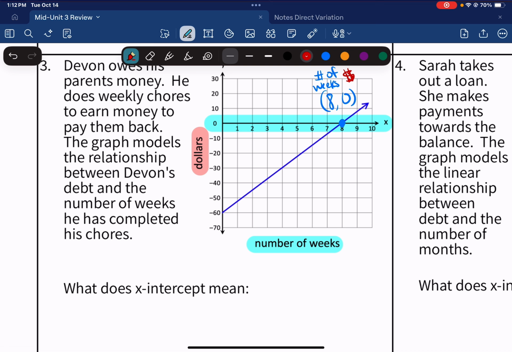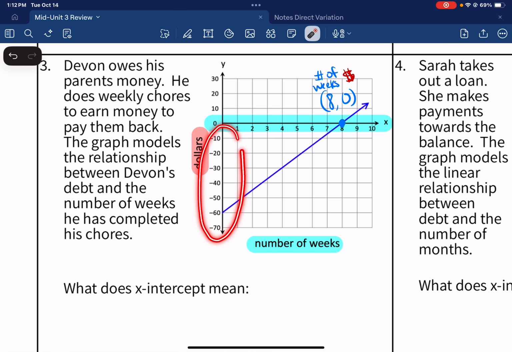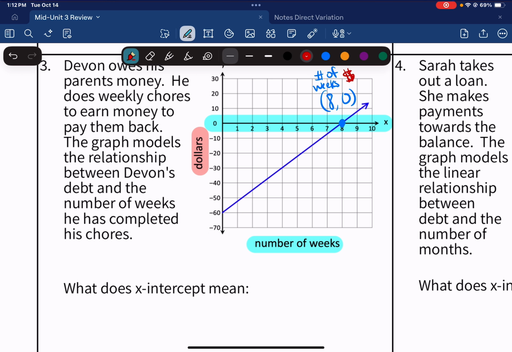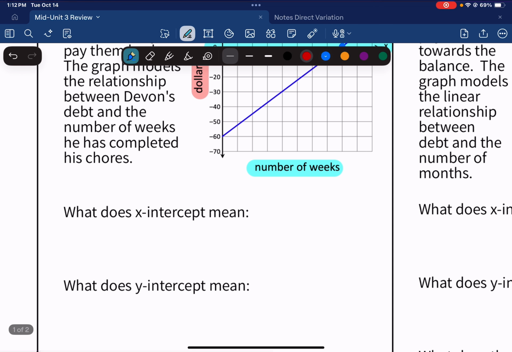So what do we think that means? Well, after 8 weeks of doing chores, he has $0. Now, up until that point, he was in the negative. He had negative amounts of money, so he owed his parents all of this money. But on the 8th week, he no longer owed them any money. So it was the number of weeks it took.